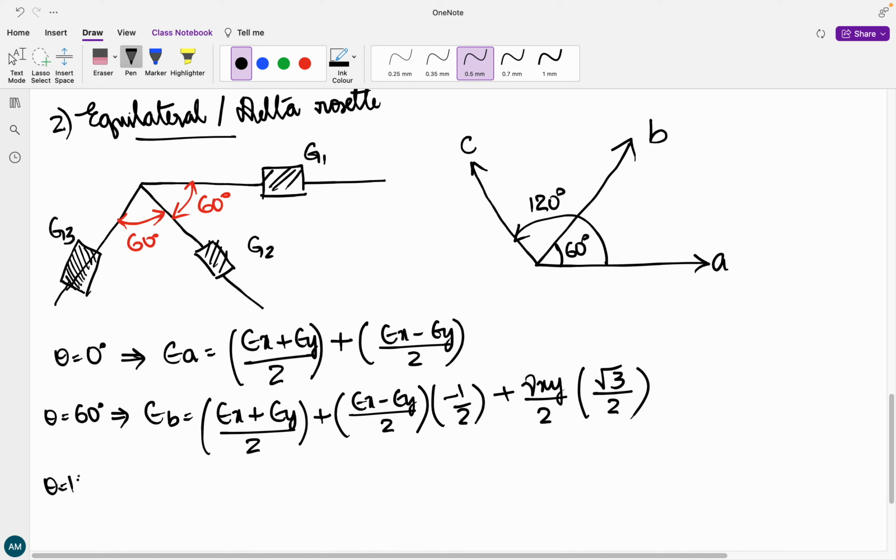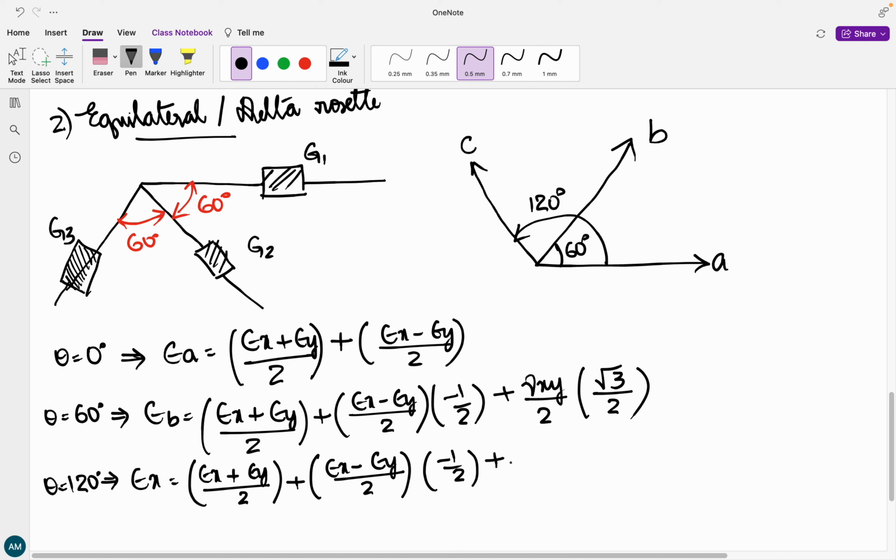Then theta is equal to 120 degree, so epsilon c is epsilon x plus epsilon y divided by 2 plus epsilon x minus epsilon y divided by 2 into minus 1 by 2 plus gamma xy by 2 into minus root 3 by 2.